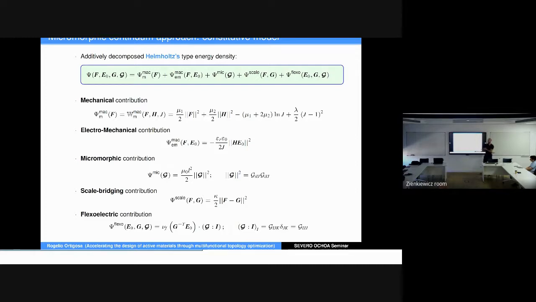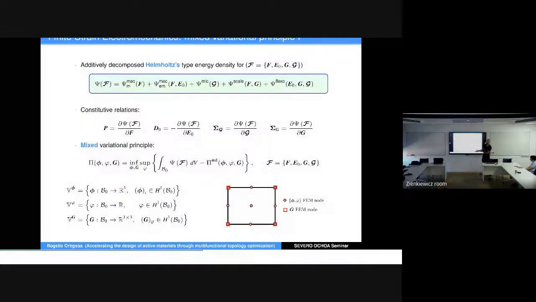So basically, you would be enforcing, in a weak sense, that F and G coincide. And then there is the last contribution, which is responsible for the flexoelectric effect, and they present it in a specific form. And as you can see, there is a link between the electric field and the gradient of the microscopic deformation gradient tensor.